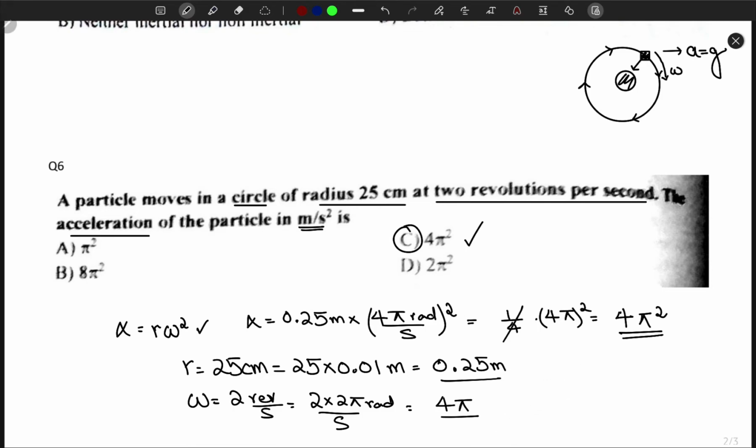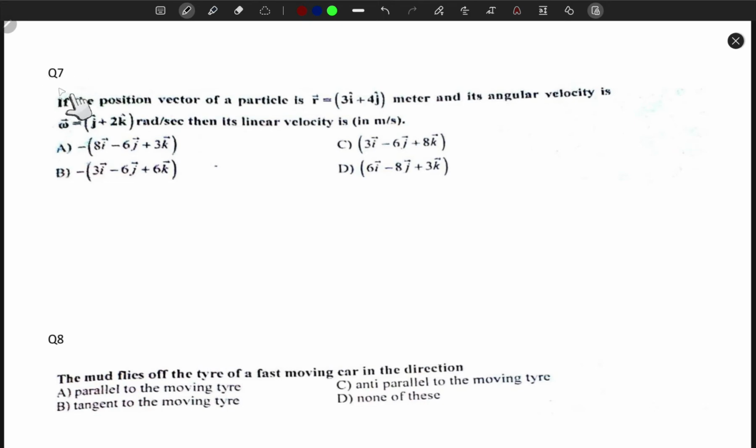So now let's move on to the next question. Okay, so here we have question number 7, and it reads that if the position vector of a particle is r, which is given in terms of these unit vectors, we have 3 i hat plus 4 j hat, right?